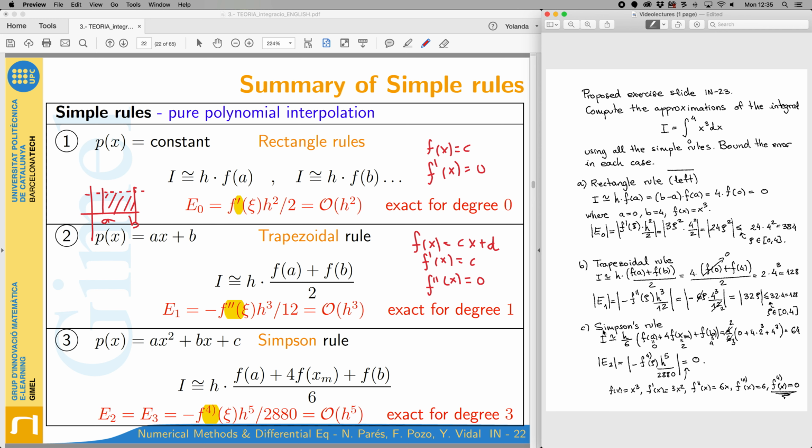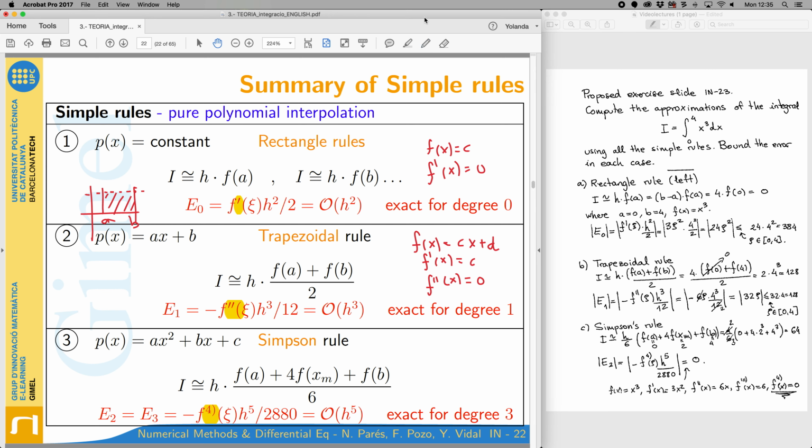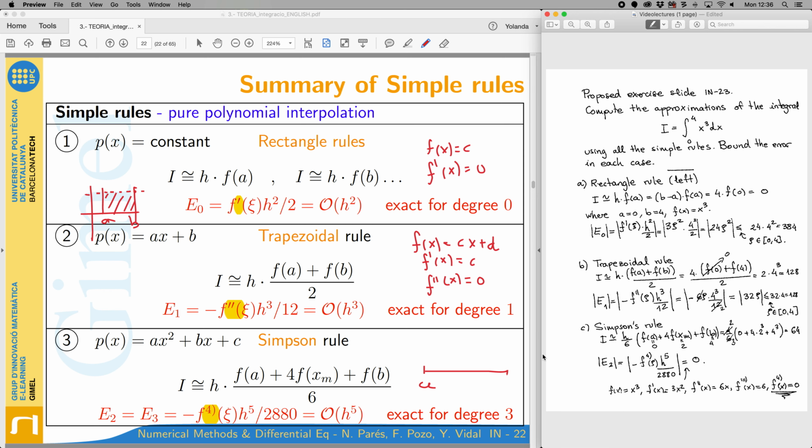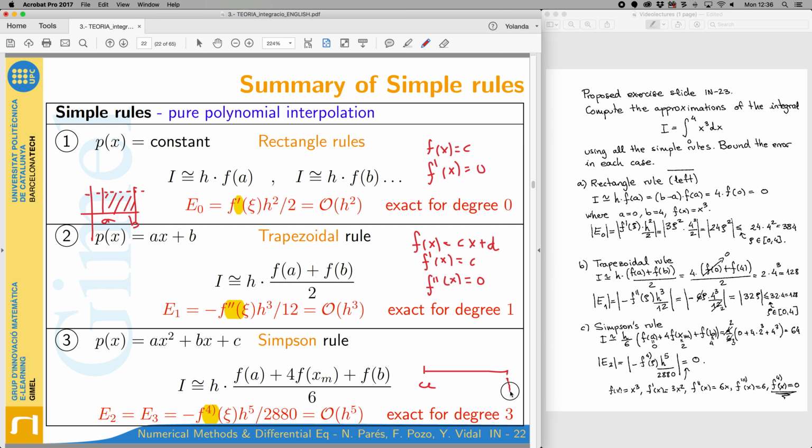And finally, we use Simpson's rule. We apply this formula that we obtained in the previous lecture. H, remember that h is b minus a, okay? That is very important. When using Simpson's rule, we have this interval a and b, and we are using an intermediate point that is xm.